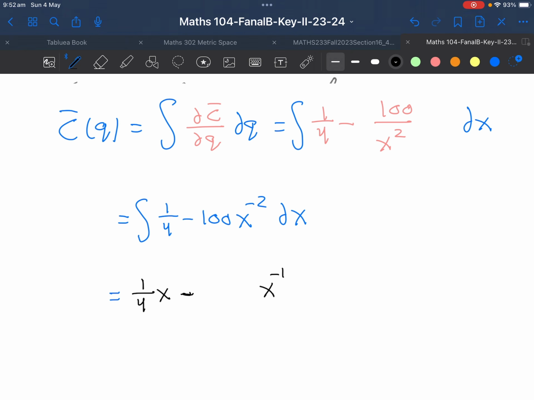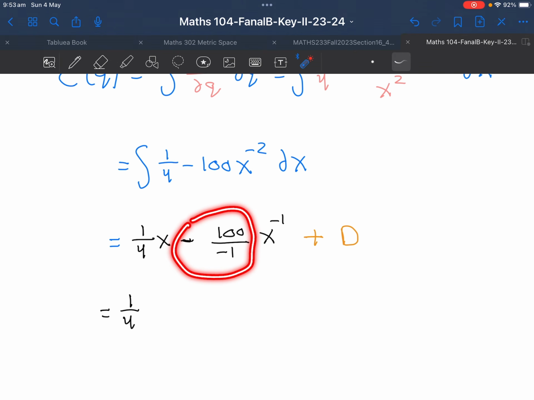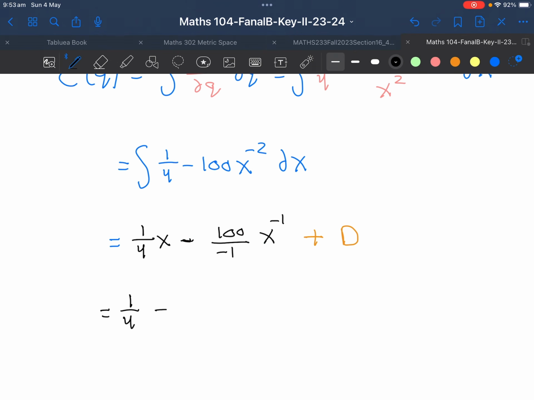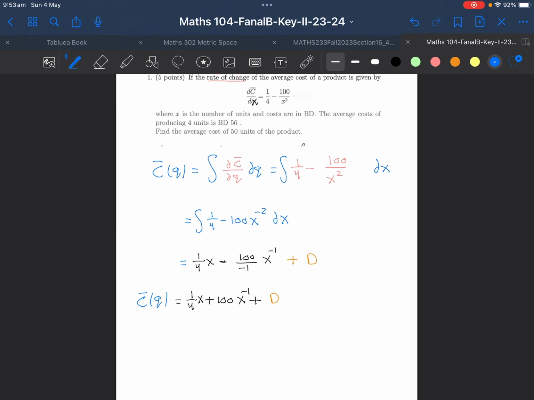And then we need to divide by negative 1. Of course, plus a number which we don't know, we call it d. So the final answer is 1 over 4 x, negative 100 over negative 1. This will just give me plus 100 x to the negative 1 plus d. And that's the average cost.